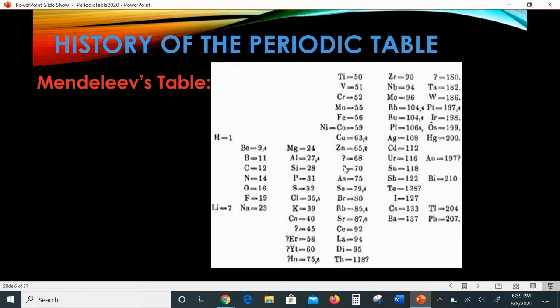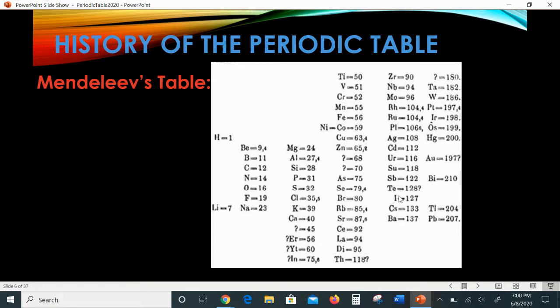The other thing he figured out, which was pretty cool, and he has a little question mark here, that tellurium, even though it had a higher mass than iodine, belonged with selenium and sulfur because it reacted like those. And iodine reacted like other halogens, bromine, chlorine, fluorine. So even though their masses weren't putting them in the right place, he knew this is where the organization should be.